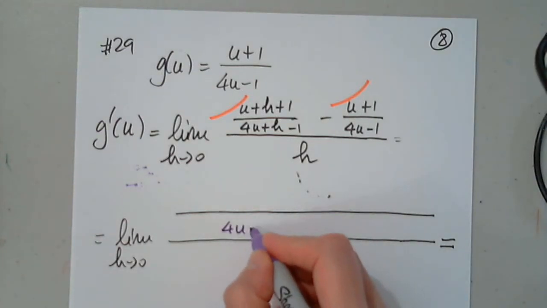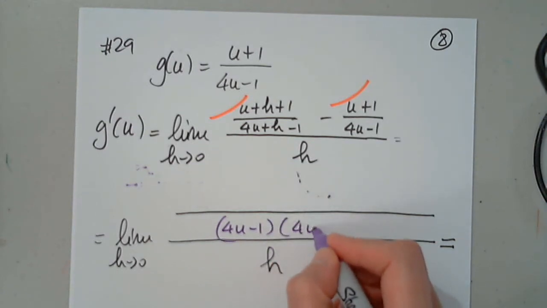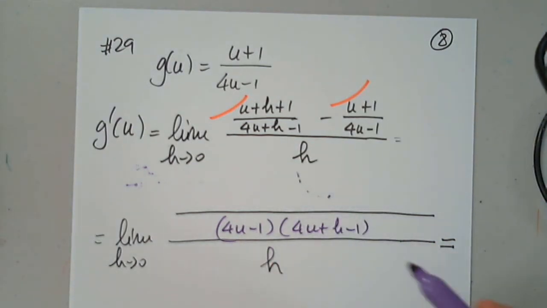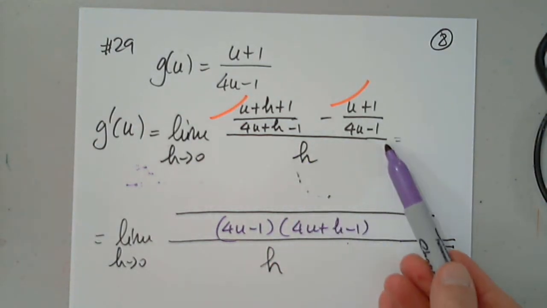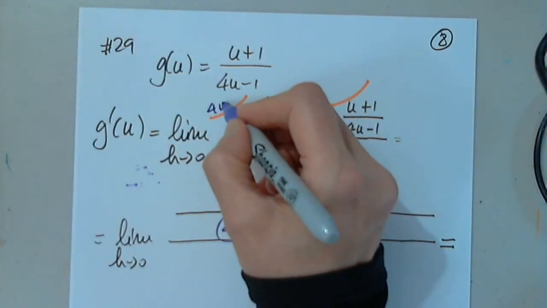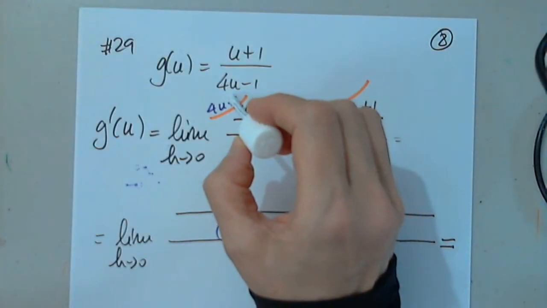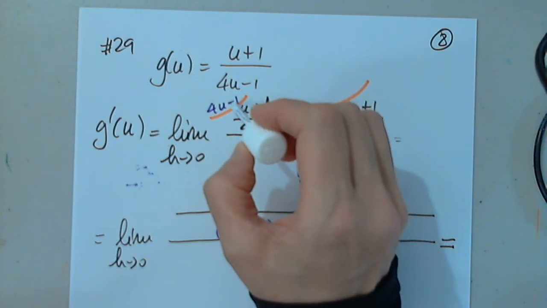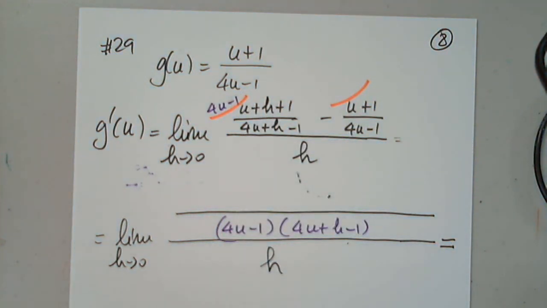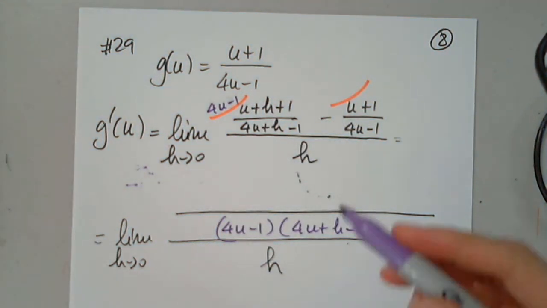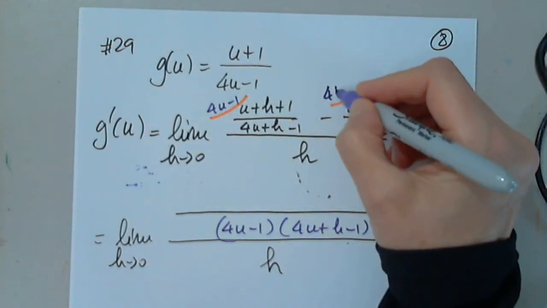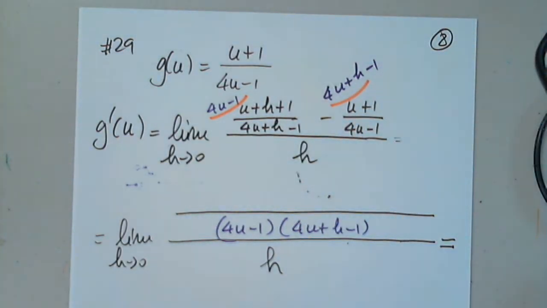Thank you very much indeed. So this one needs 4u plus 1. I meant minus 1, of course. And here I have the other one, 4u plus 4h minus 1.